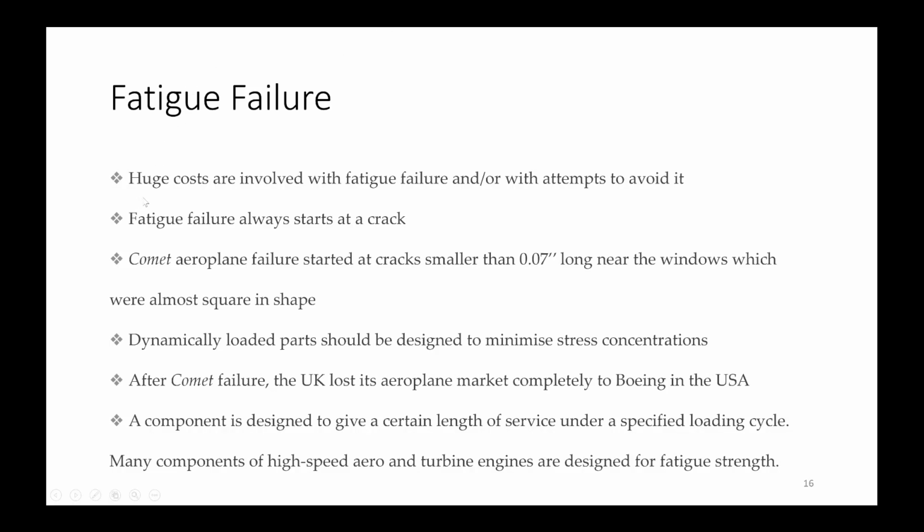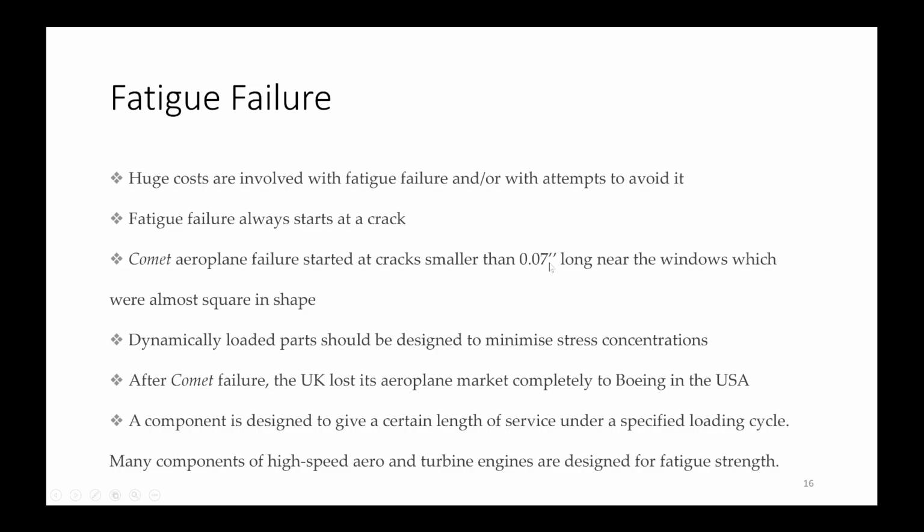Now these fatigue failures cause huge costs, and when we try to design a material in such a manner that it has higher fatigue strength, these attempts also lead to huge cost. Fatigue failure always starts at a crack. In the case of the Comet aeroplane failure, it started at a crack smaller than around 0.07 inch near the windows, which were almost square in shape.